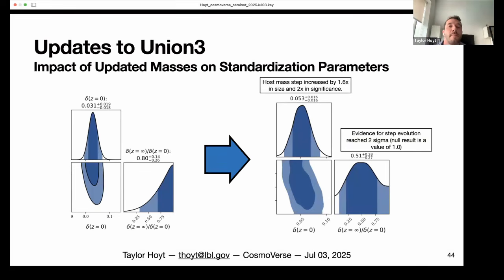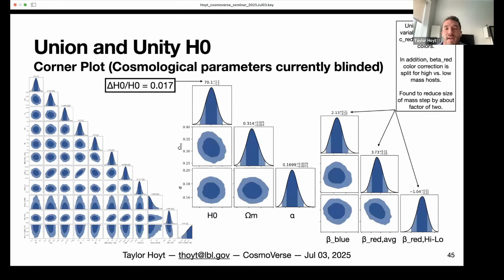So I won't belabor this too much, but the new mass estimates tightened up a lot of the host mass dependent parameter constraints we have in Union, which I think is a good validation that the new masses do fit homogeneously into the same system as the existing masses.